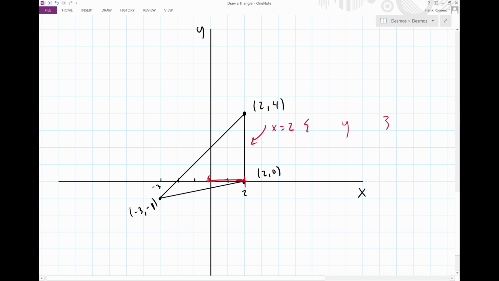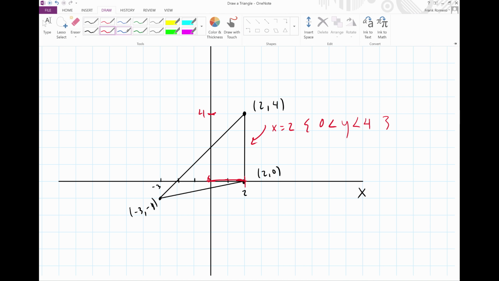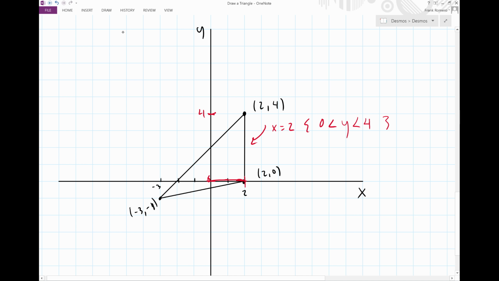This is 0. From 0 to here, 1, 2, 3, 4. Okay, so we got one equation out of our triangle. Let's do this one.